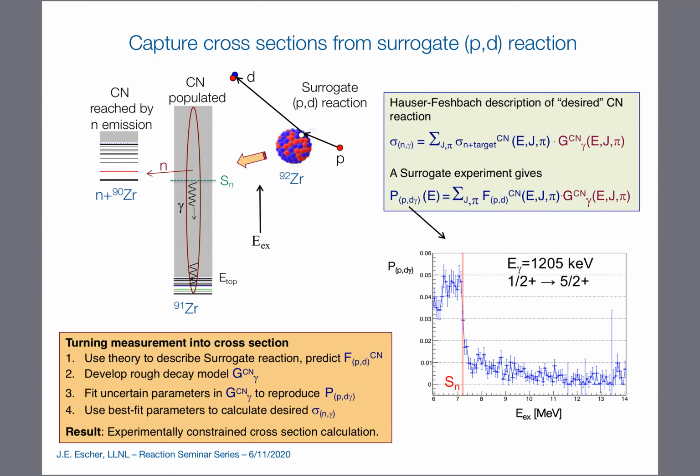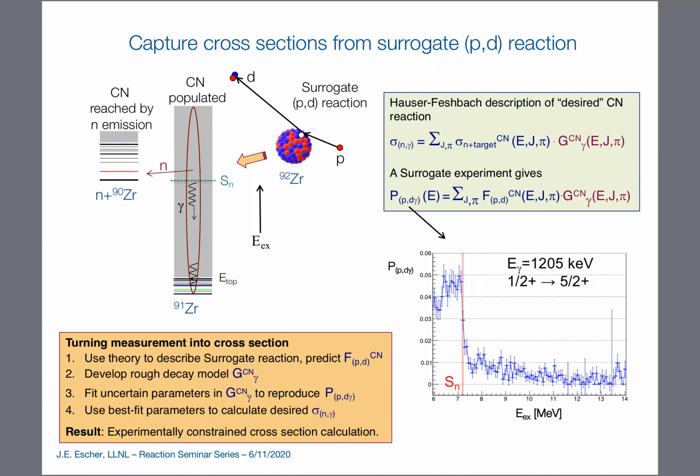So I basically change my level density, my gamma ray strength function, and other structure information that goes in there until I reproduce what the experimentalists have given me. And that constrains my G. I can then subsequently recycle that in the upper equation and get a cross section. I then have an experimentally constrained cross section, which is what I want.